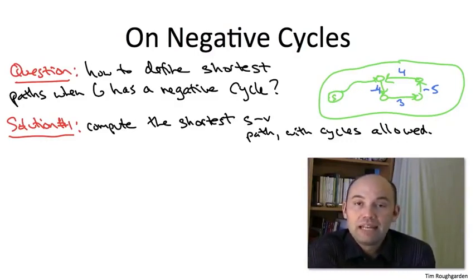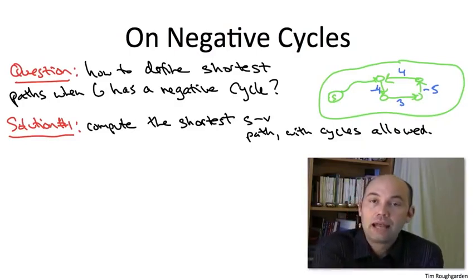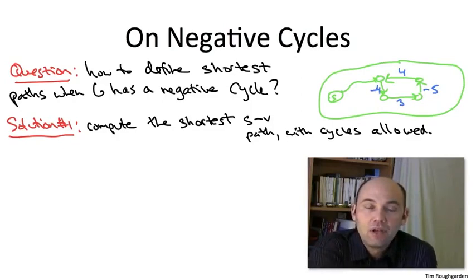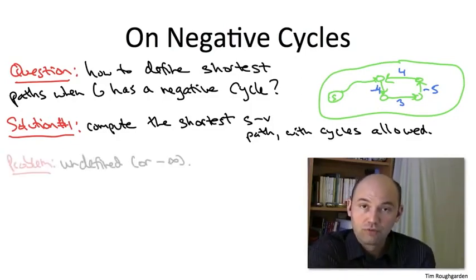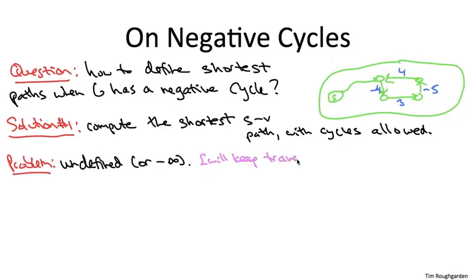The reason being that if you have a negative cycle, like this one of overall cost -2 in this green graph, and you can actually reach it from the source S, then for every path, you can find another path which is even shorter. You traverse the directed cycle one more time, the overall path length drops by another 2, and there's nothing stopping you from just doing it over and over and over again. So the shortest path, you can think of it as being undefined, or you can think of it as being sort of minus infinity in the limit.